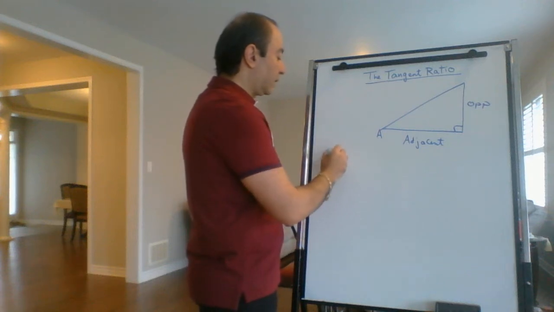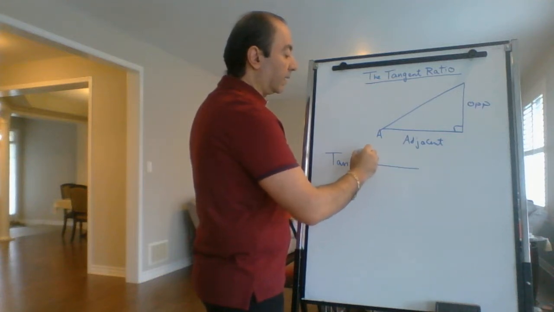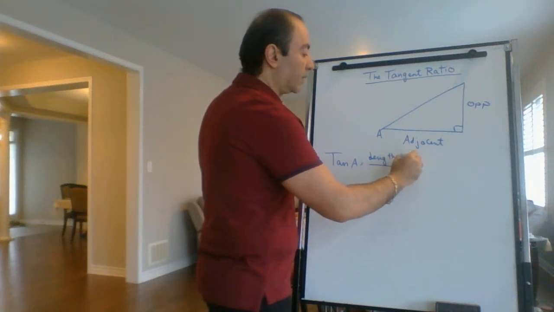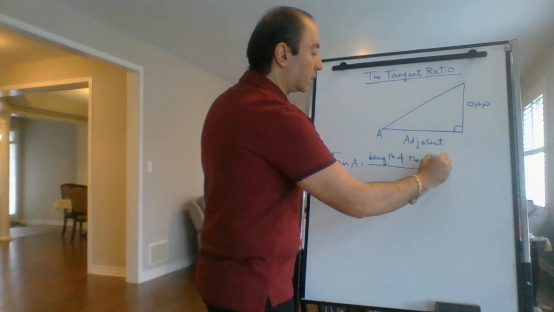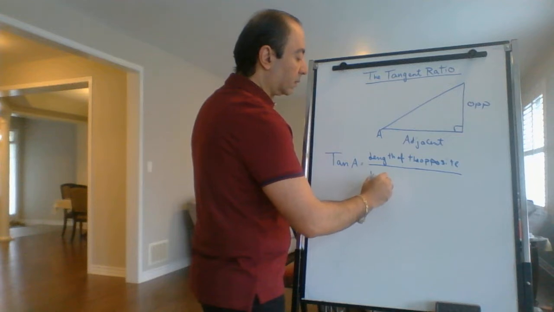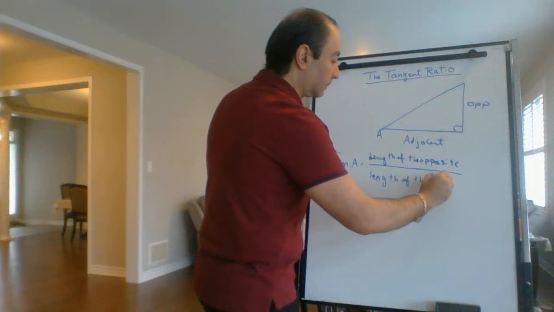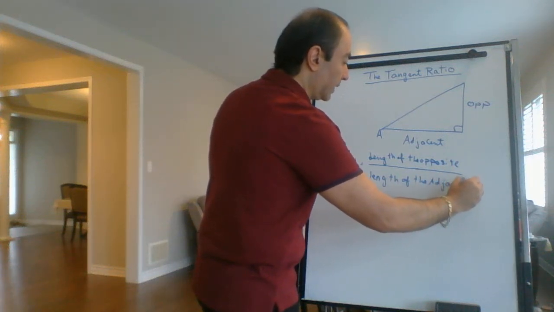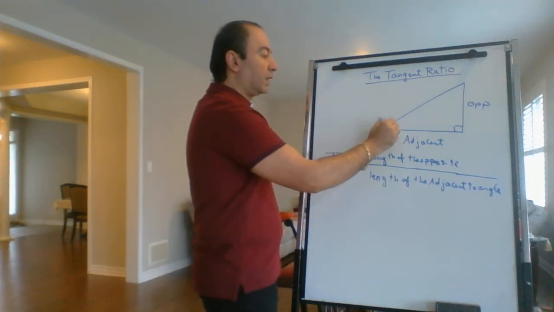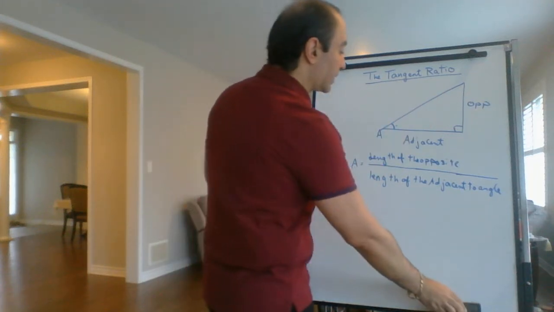We write tan A equals the length of the opposite to angle A over the length of the adjacent to angle A. We call it tangent. So tangent of A is opposite over adjacent. Okay, so this is the first thing.